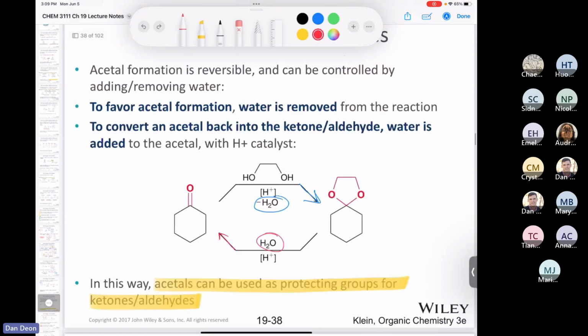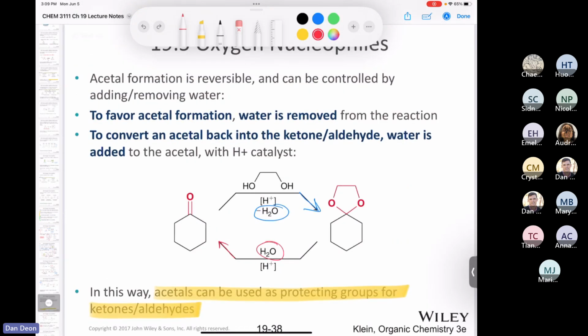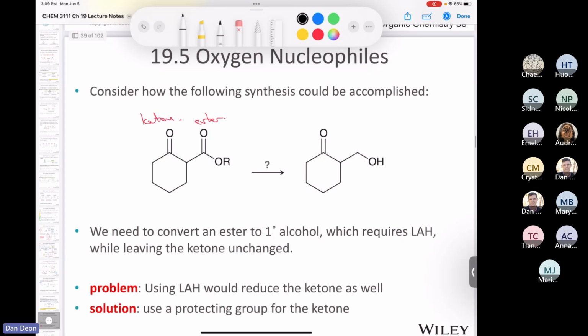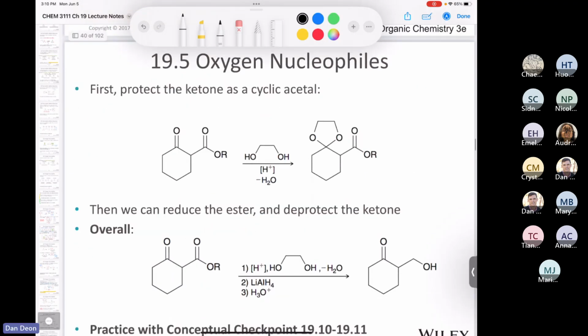Going back here, this whole protection scheme only works for aldehydes and ketones. It doesn't work for esters. And so could we protect the ketone as an acetal and then do the reduction of the ester using lithium aluminum hydride and then remove the acetal by adding water and aqueous acid? The answer is absolutely we can.